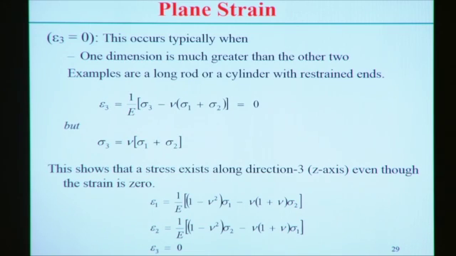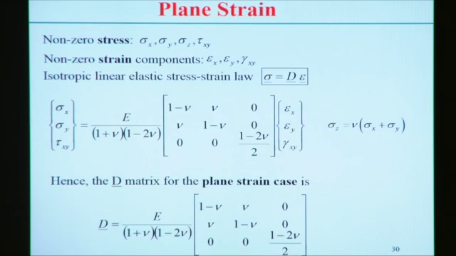Actually it shows there exist 3 components of the stress but 2 components of the strain. So in general we represent the plane strain condition like this. Non-zero stresses are sigma x, sigma y, sigma z and tau xy, whereas non-zero strain components are epsilon x, epsilon y and gamma xy.